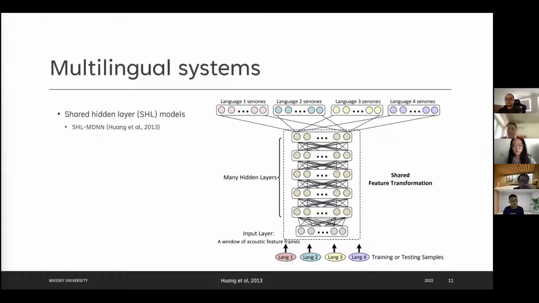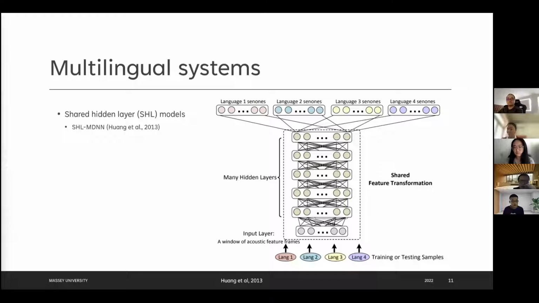These many hidden layers are considered as complex feature transformation, and the final softmax layer is considered a log linear classification layer. While the log linear classification should be different for different languages, the feature transformation layers can be shared across many languages. So the hidden layers can be shared among many languages.